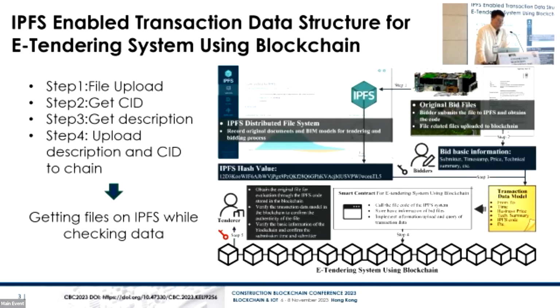Then they also upload some description of the files, like where the bid file is from and what price they want to submit. All this information will be uploaded to the transaction data model. And when the purchasers want to get this information, they will directly get the original file and some basic data. It will be helpful and more useful for the whole process.